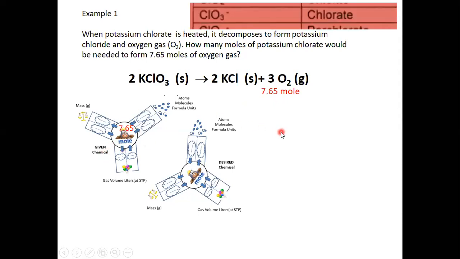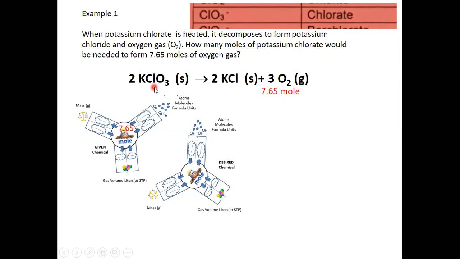The desired quantity is asking about a chemical called potassium chlorate. It asks how many moles of potassium chlorate. Well, you'll need to remind yourself how you recognize what potassium chlorate is. You may want to revisit some tools that we've used throughout the year about recognizing the names of chemicals. Potassium chlorate would have the ion chlorate in it, and the ion chlorate is identified by these symbols here, ClO3.